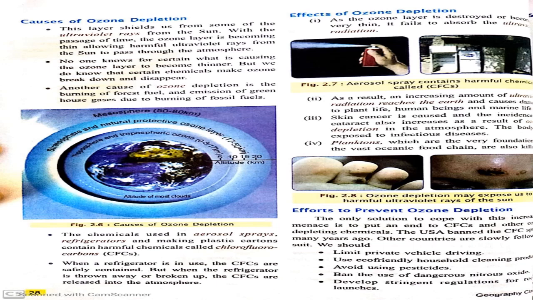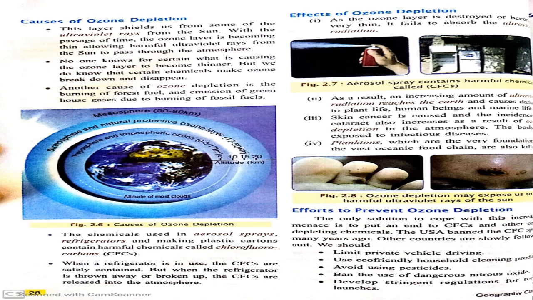We should limit private vehicle driving, use eco-friendly household cleaning products, avoid using pesticides, ban the use of dangerous nitrous oxide, and develop stringent regulations for rocket launches. So these are some of the things we need to implement in order to prevent ozone depletion.